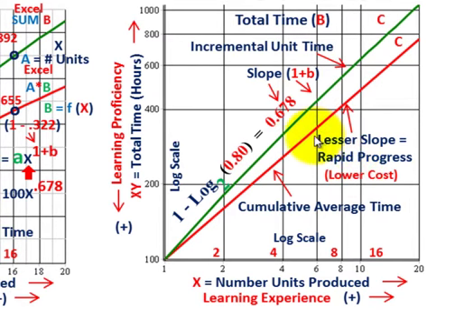So when you're looking at these different log-log graphs, you just have to understand that you're looking at the slope. Total time is increasing, which gives you a positive slope, and I'm just looking at 0.678 based on that 80% learning rate.